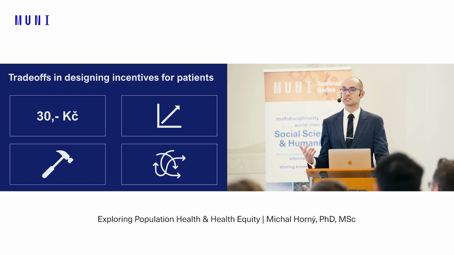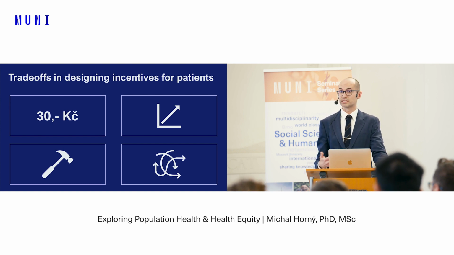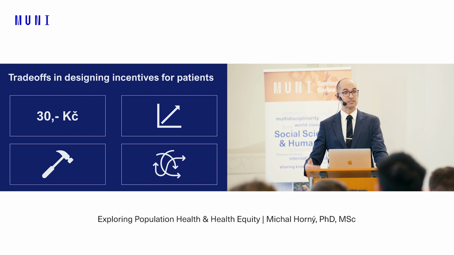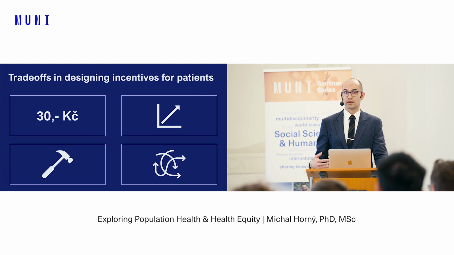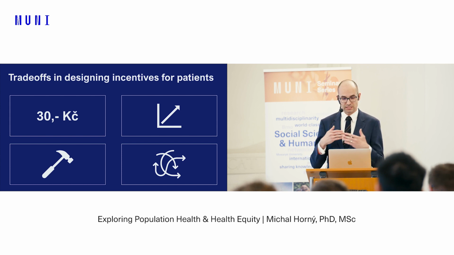A high-value service is, for example, insulin for someone who has diabetes. There's typically no moral hazard. Those of you who don't have diabetes are not getting insulin just because you can and because it's free. But for those who have diabetes, it's a life-saving drug, so it's extremely high value.